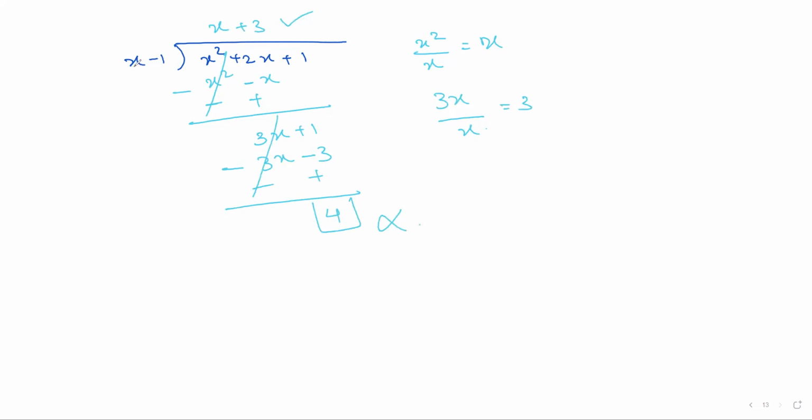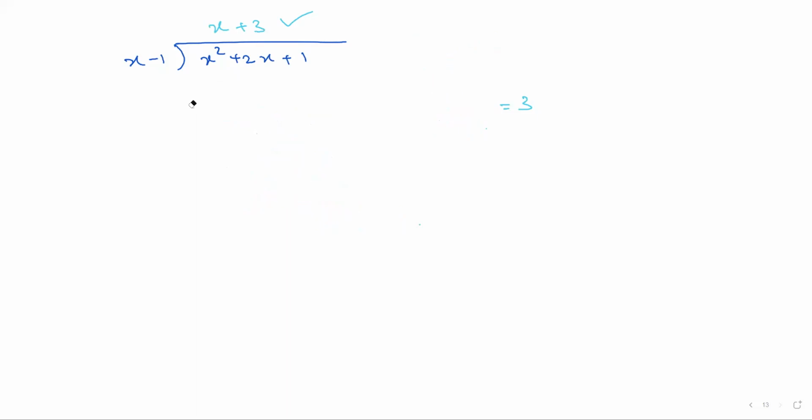Let's consider another value. Instead of this, you can consider the power to be a cube value. What happens if you take the power as cube? If you take the power as cube, by default you will have to take this as 2 or a square value.